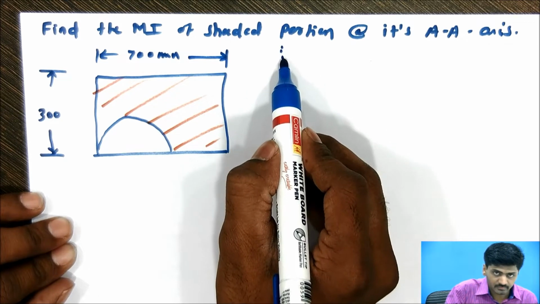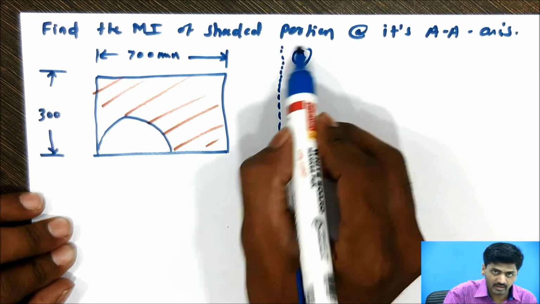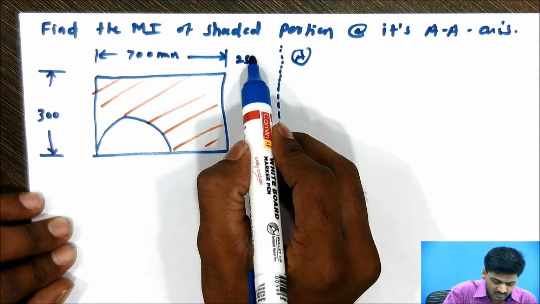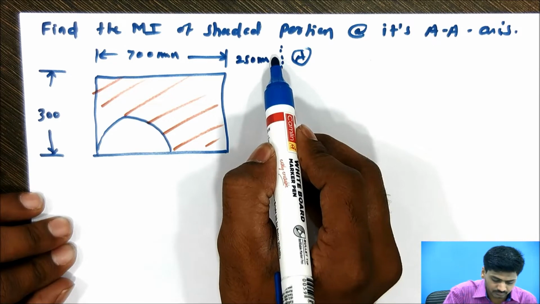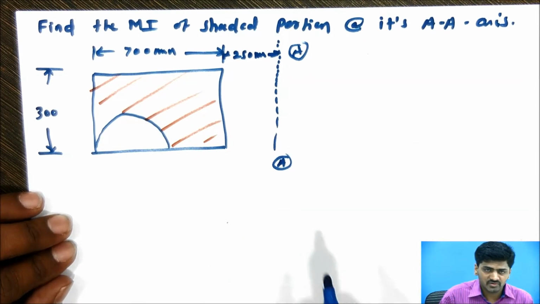Here the axis is given, that is the AA axis, and this distance is 250 mm. So the total dimensions have been mentioned.